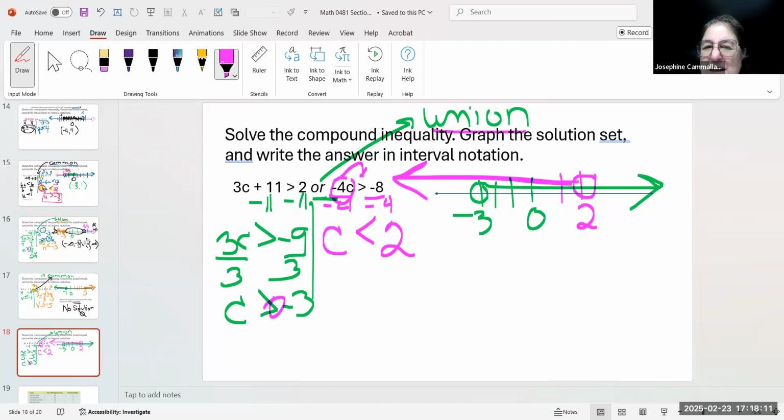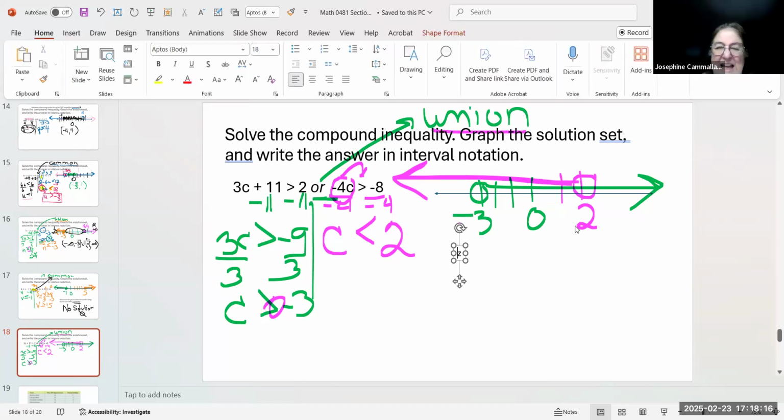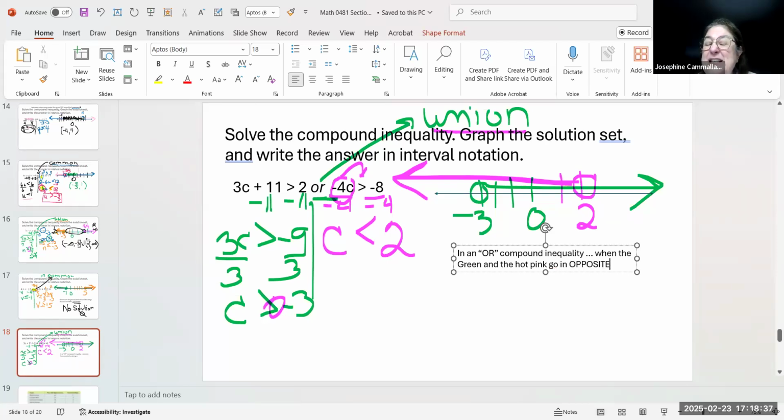Well, this is a union. In an and or or compound inequality, when the green and the hot pink go in opposite directions and they cross, you have only one answer.